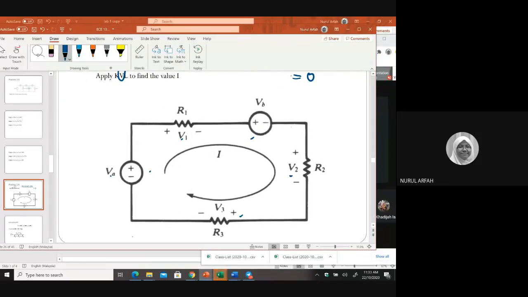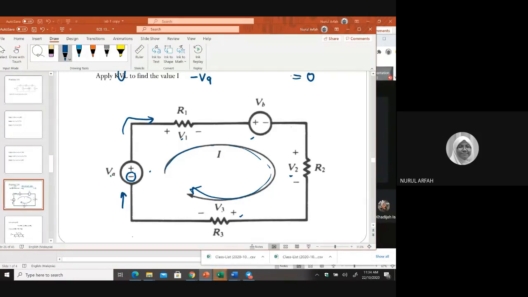So if you follow the imaginary current here, this side, and then this one will enter VA, which has negative polarity, right? And then enter R1.